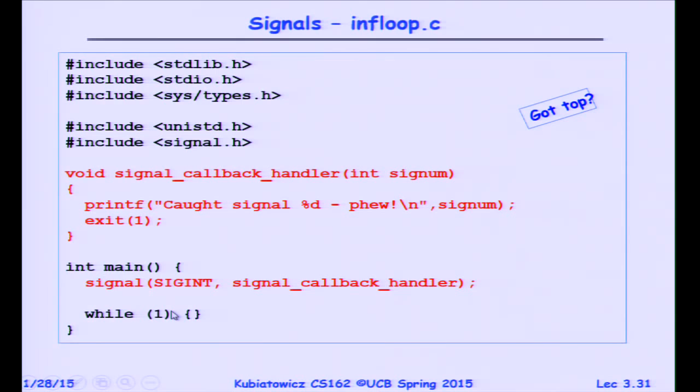And now when we hit Control-C, rather than immediately killing the program, it actually calls our own handler, at which point we say, oh, caught signal, whatever, and then exit. So what we've done here is we've actually changed the native signal processing of this particular task.